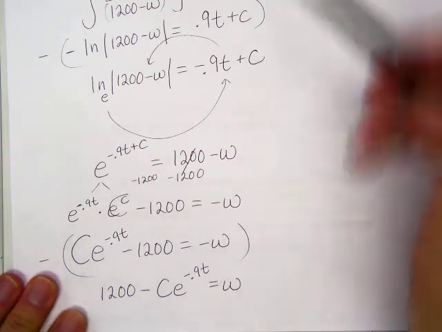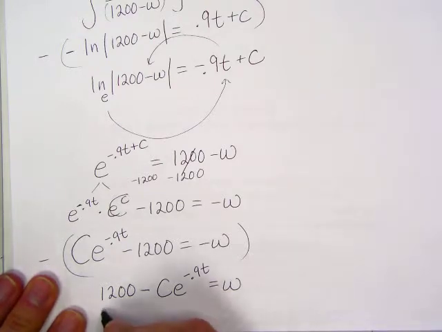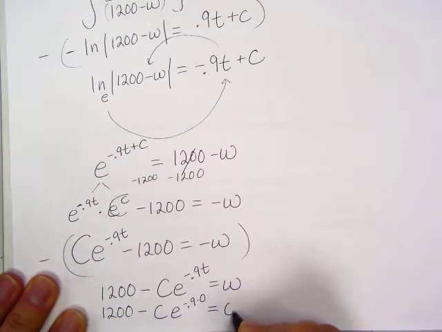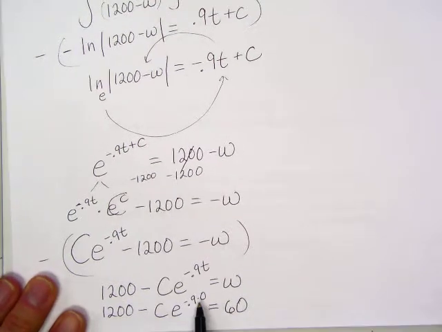We got to plug in our 0.060 from our calf's birth weight. So 1200 minus c e to the -0.9 times 0 equals 60. The weight, t is 0, weight is 60. -0.9 times 0 is 0.